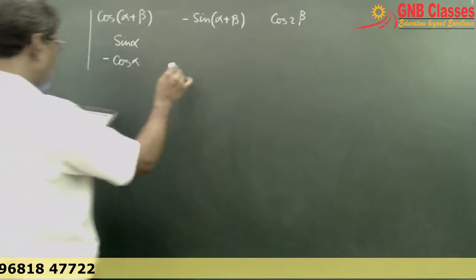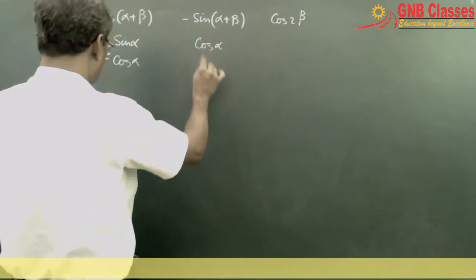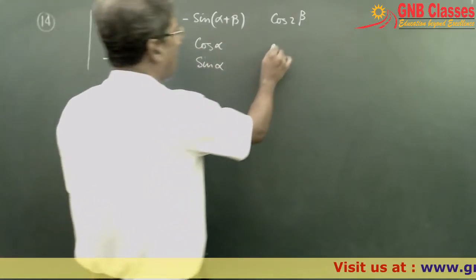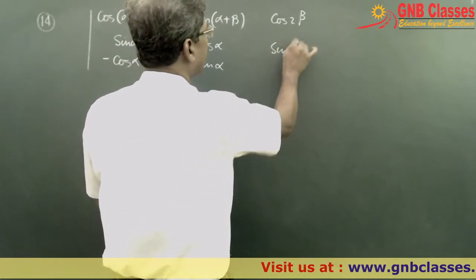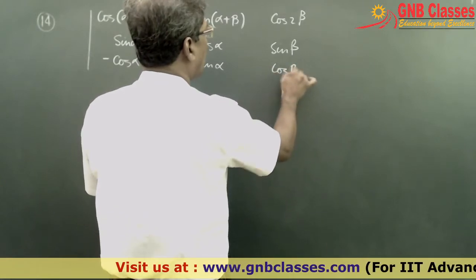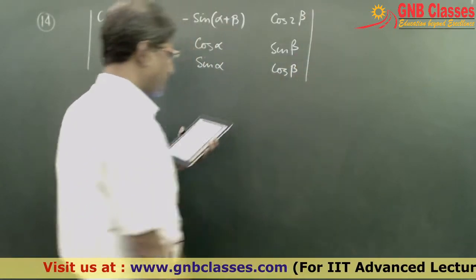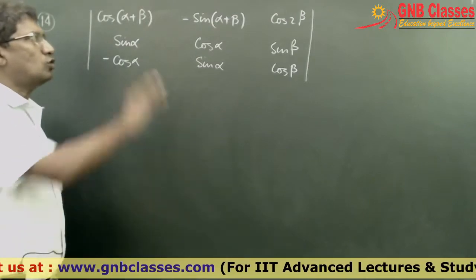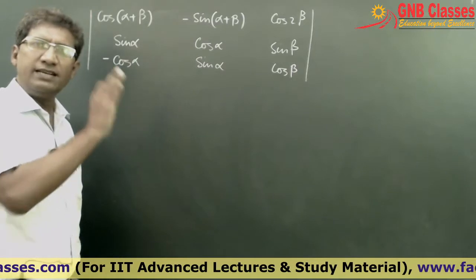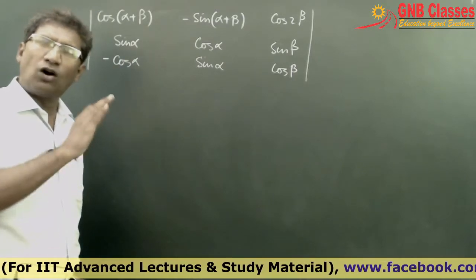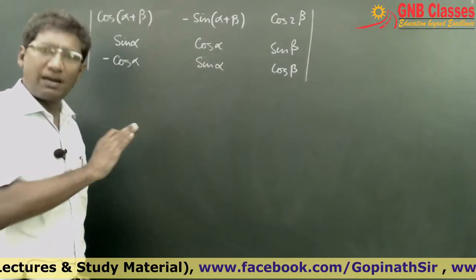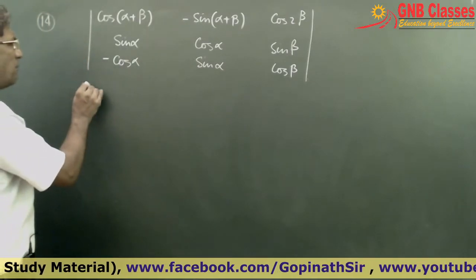They have asked you to check whether this determinant is independent of alpha, beta, or neither alpha nor beta, or both alpha and beta. So to find out whether the value of this determinant is independent of alpha or beta, we have to expand this determinant, right? So I am just simply expanding this determinant.